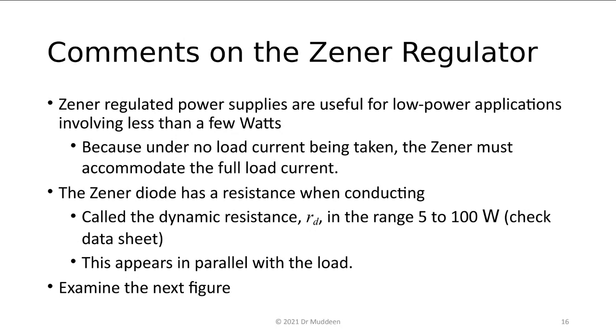There are industrial power level Zener regulators as well. They use them in applications like industrial welding and in industrial motor control. Those are quite massive and capable of handling a few hundred watts.